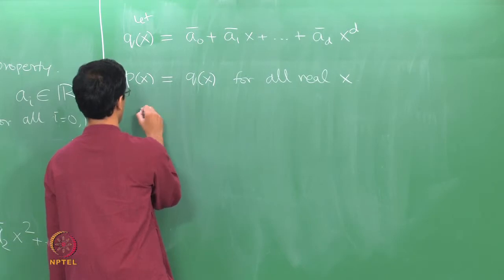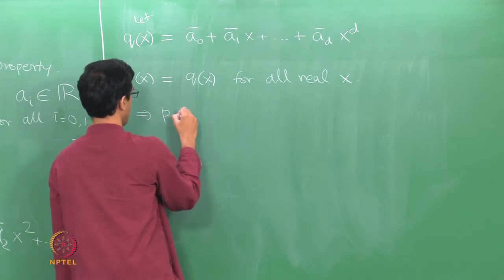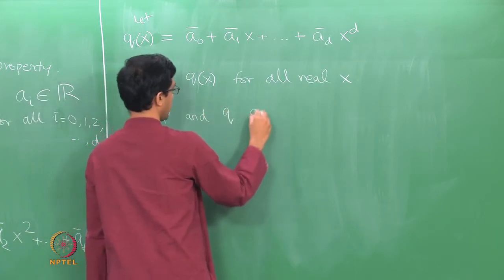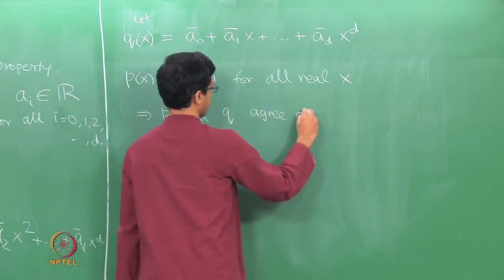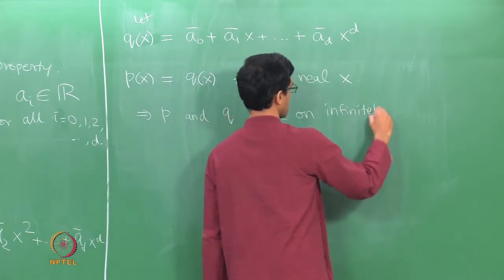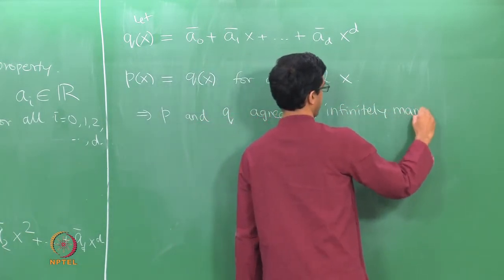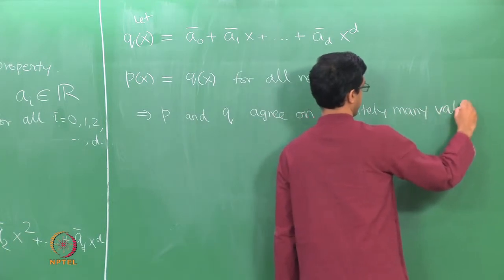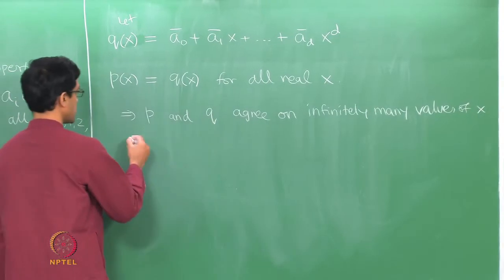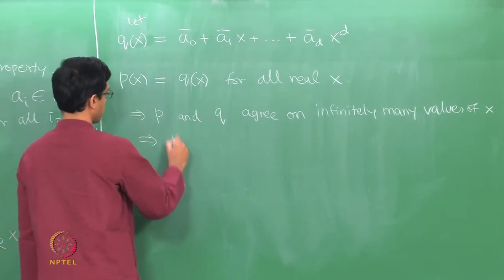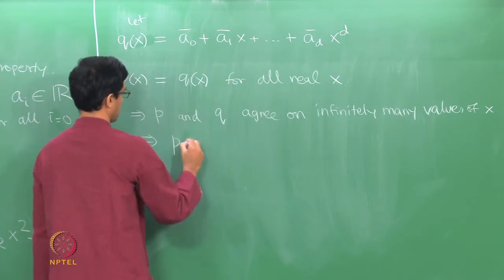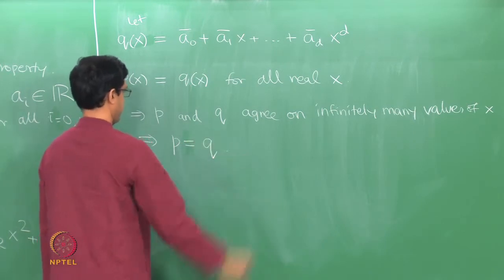So therefore the polynomials p and q agree on infinitely many points, on all real numbers, and since they have degree at most d, this means that p and q are exactly the same polynomial. So p equals q.